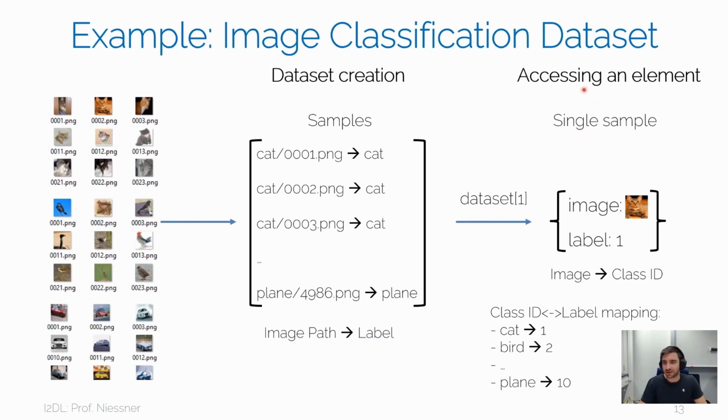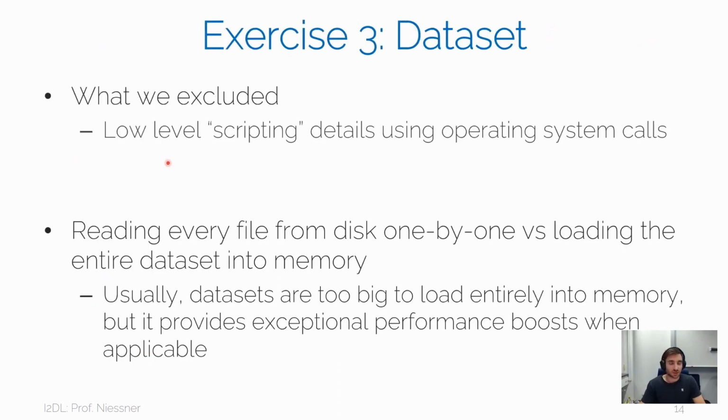If you then access a specific element, you will get a single sample with the actual image and also a mapped class ID. One detail about the dataset is that we abstracted away some low-level scripting, so you don't have to deal with operating system calls.